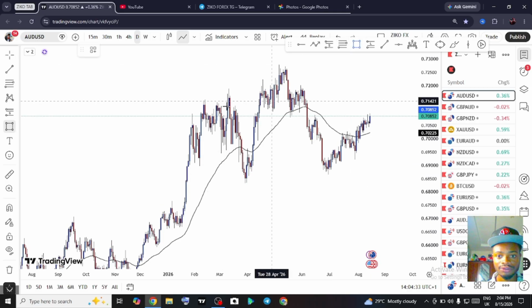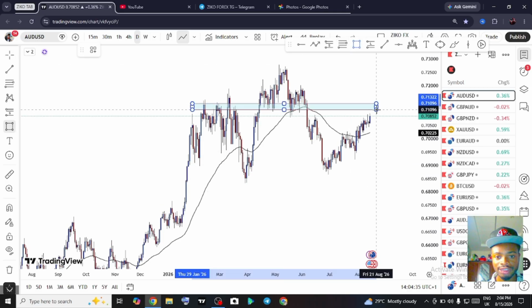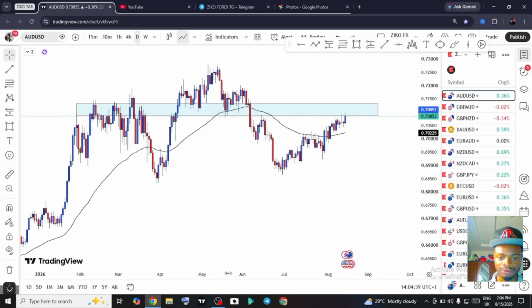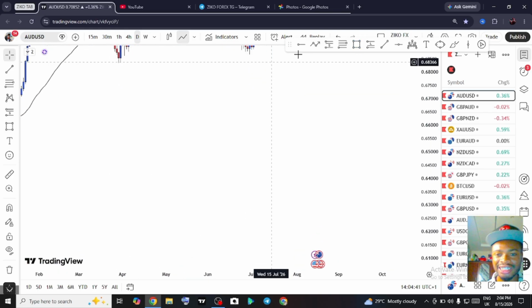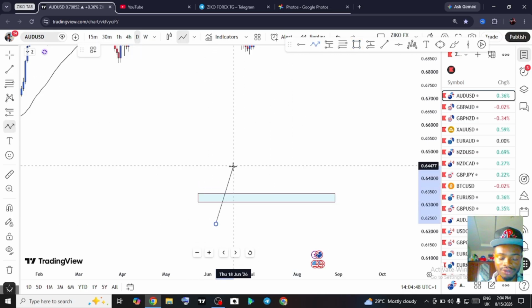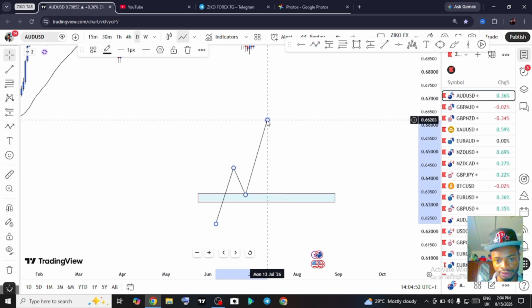So right here we have some form of resistance level, but this is not an area of interest, right? Now let me explain what is a resistance level and an area of interest. This is an area of interest when we have a higher high and a retracement to that level. Let me explain what I mean.